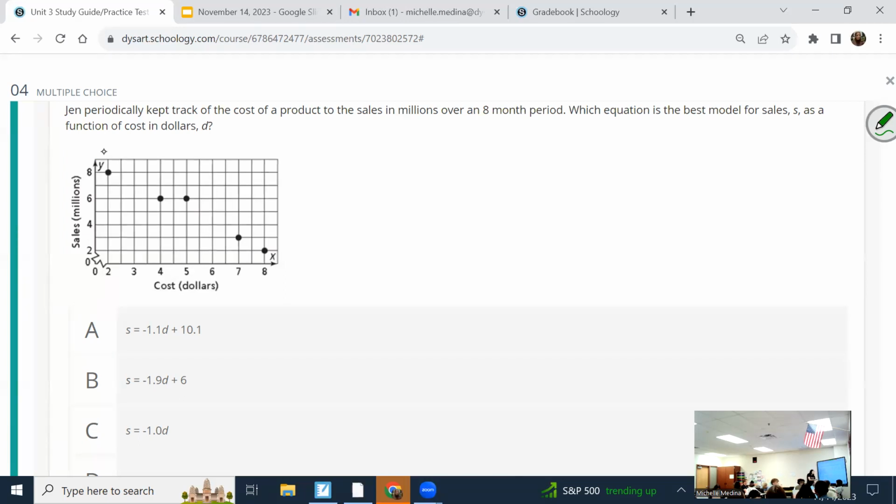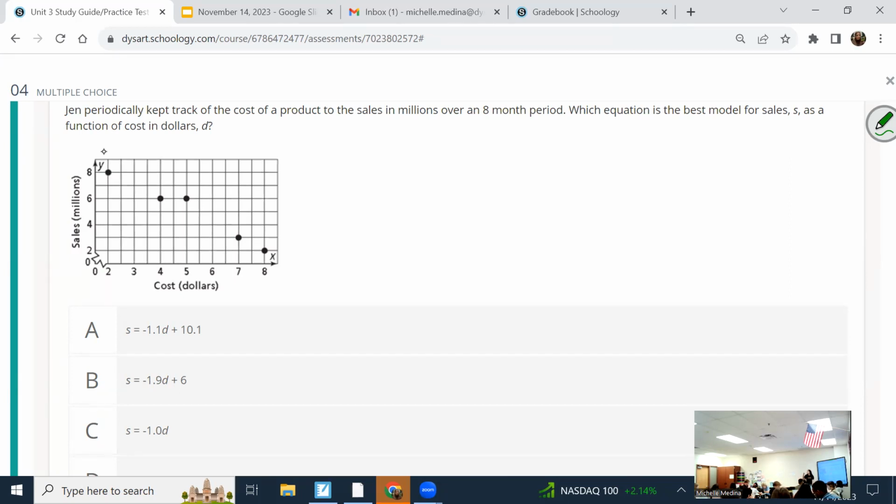Which of these 4 answers is the best? I agree. Not B, because 6 is clearly not the y-intercept. Not C, because it's also not a y-intercept of 0. And D has a y-intercept really close to A, but the slope is farther than A's. So you're picking the one that's closest.